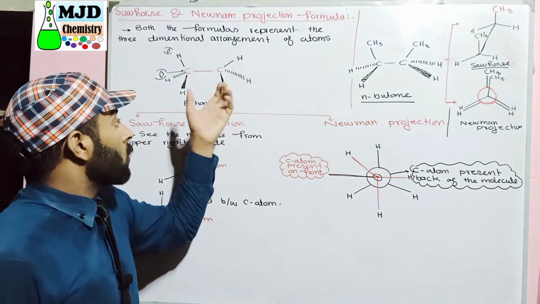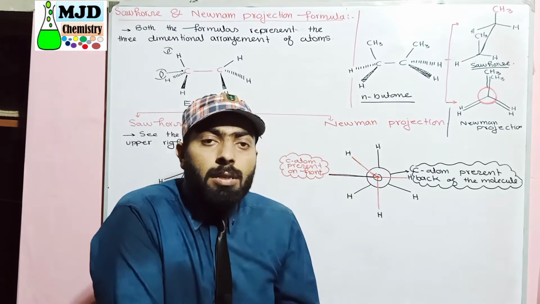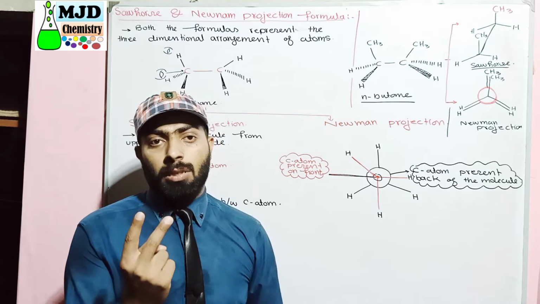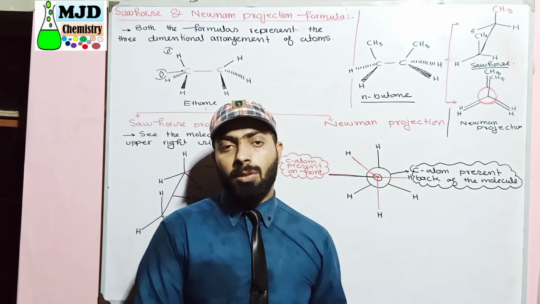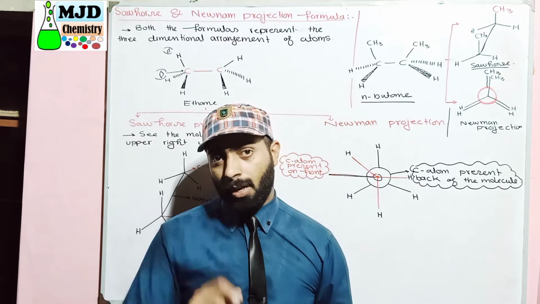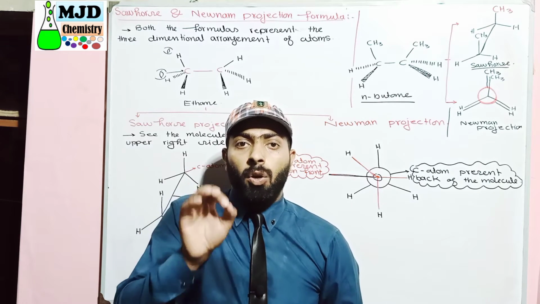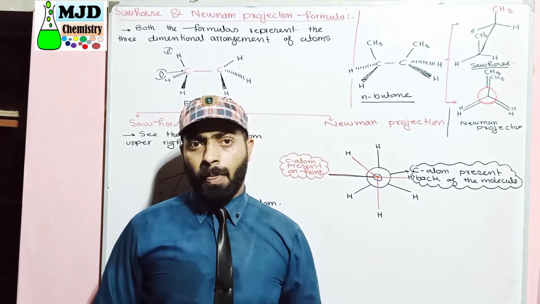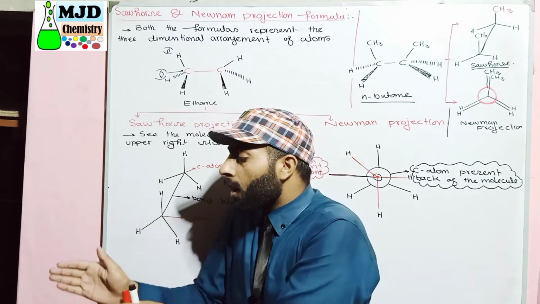when we look to draw the Newman or Sawhorse projection formula of the ethane molecule, two things, one in Newman and the other in Sawhorse projection formula, should be kept in mind. First thing we should keep in mind, when we write the Sawhorse projection formula, is that we look at the molecule from the upper right side.